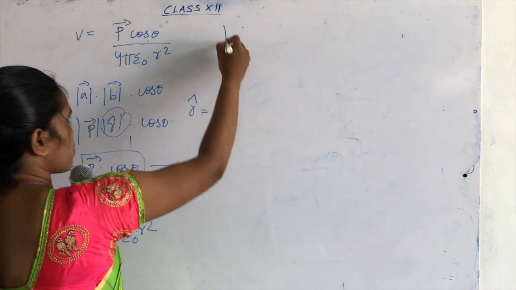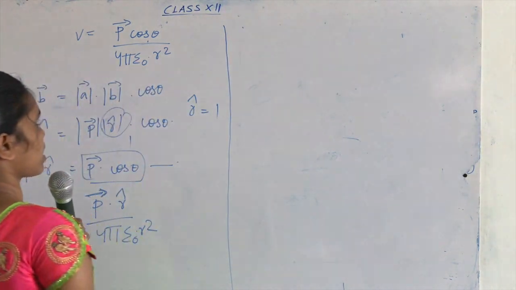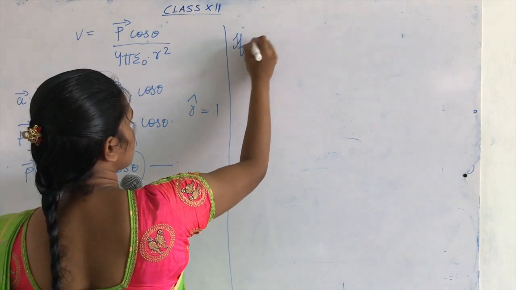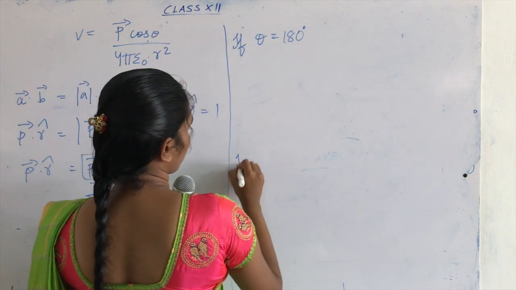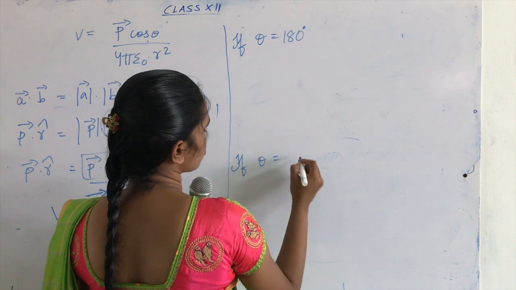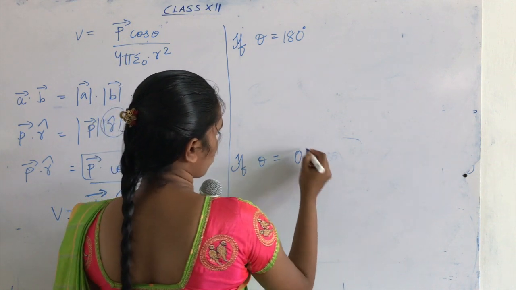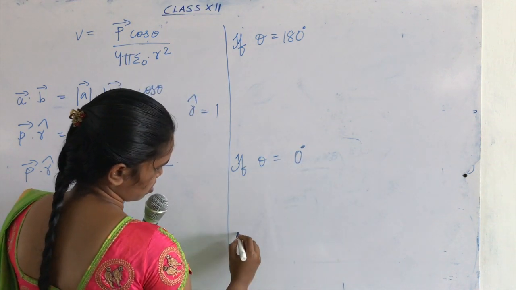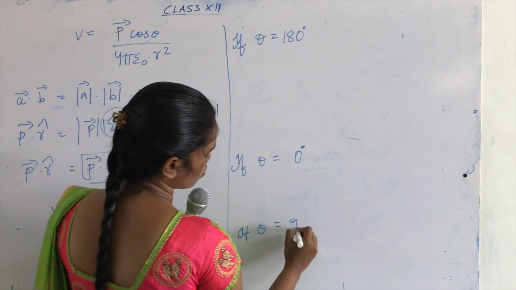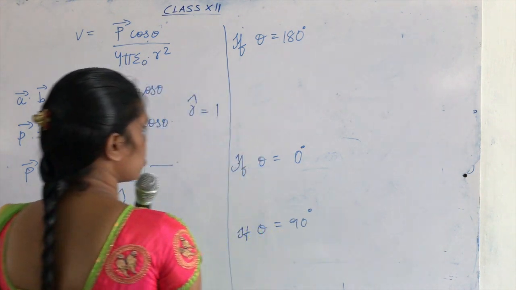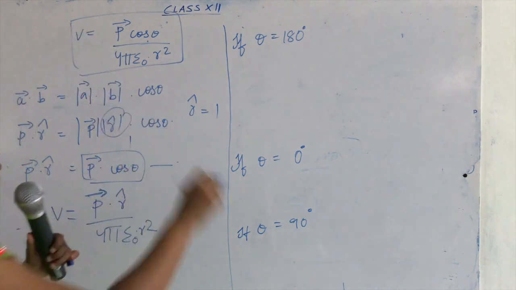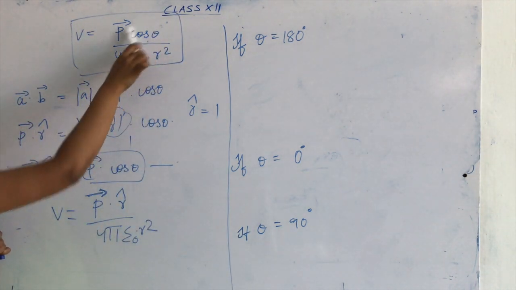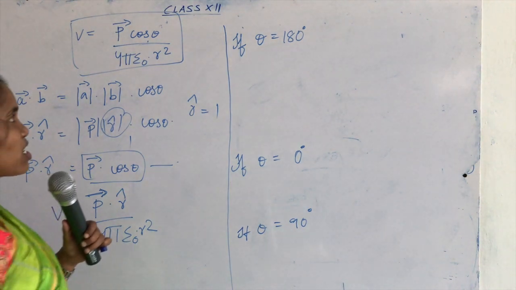Now, there are 3 special cases. If theta equal to 180, what happens? If theta equal to 0 degree, what happens? If theta equal to 90 degree, what happens? Take this formula, here is only P cos theta. Apply theta here.